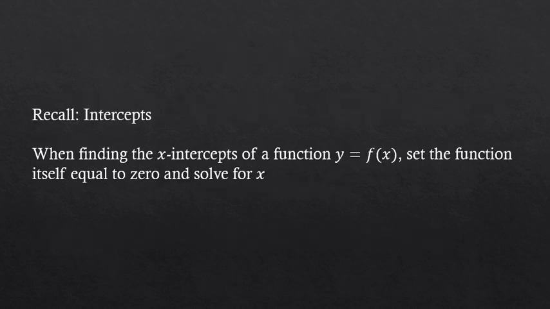Lastly, to finish off this video, recall that in the previous video we talked about finding intercepts. When we had to find the x-intercept, we said that we set y equal to 0 and then we solve for x. Well, now that we're talking in the context of functions here, and we typically replace the letter y with this f of x thing here, you are going to replace the f of x with 0, and then you're going to solve for x.